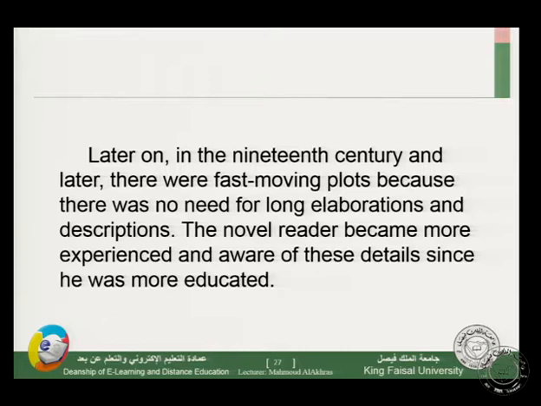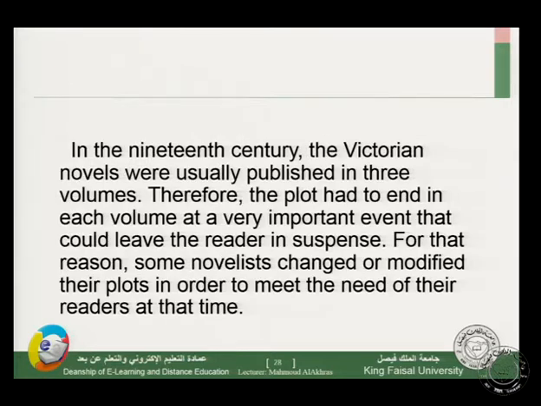In the 19th century and later, there is no need for a lot of description or a lot of details. The novel reader became more experienced and aware of these details since he was more educated.